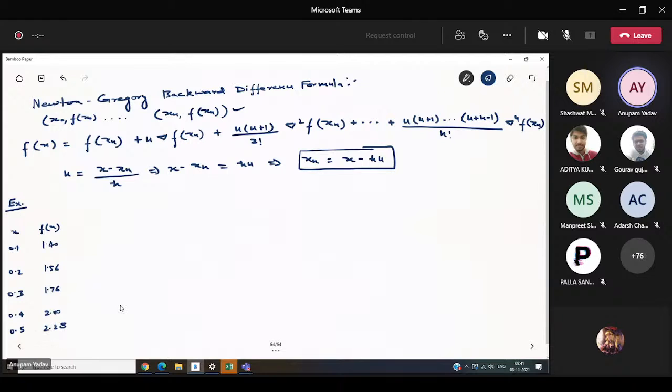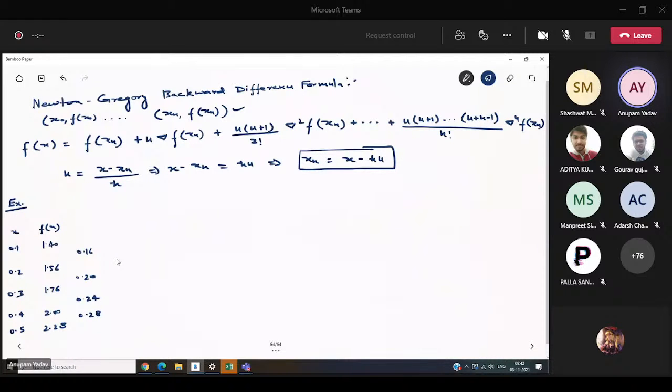So I have already told you there is no difference when you create the table. The procedure for creating the table is the same. The only thing that makes a difference is how we are picking the data, whether we are using the Newton forward difference formula or the backward difference formula. So quickly, if I write its difference table, it is going to be 1.56 minus 1.40, that is 0.16, 0.20, 0.24 and 0.28.